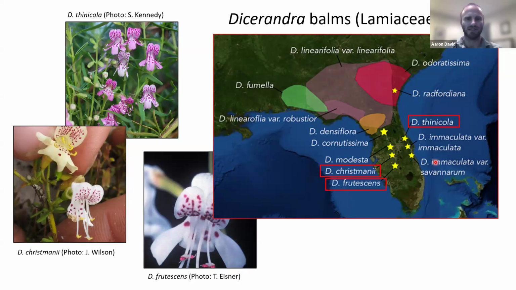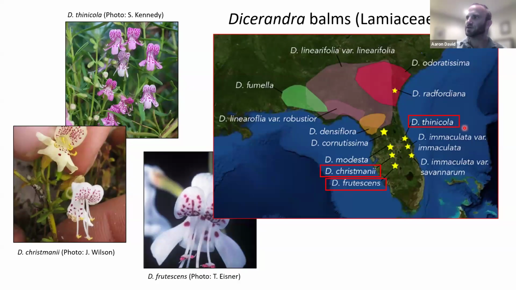So I mentioned frutescens is found at Archbold and just a couple other places. It basically goes from Archbold to the grocery store, and that's its entire range. Christmanii is actually the next one up. It's in Sebring and Avon Park. So you don't have to go very far to find a completely different species. And then Thanicola, which is the other one that we work with, is up in Titusville.